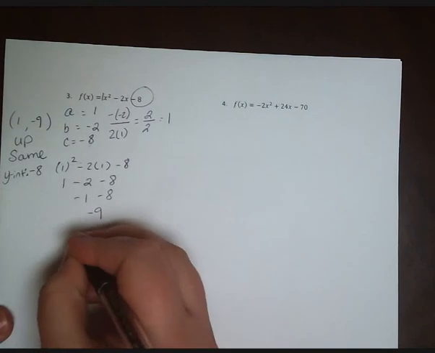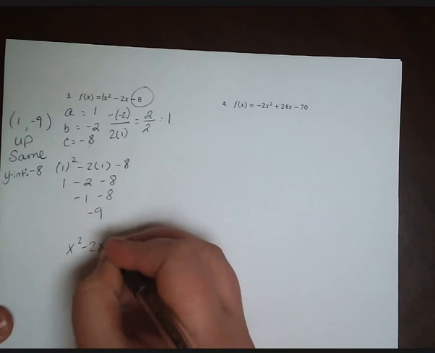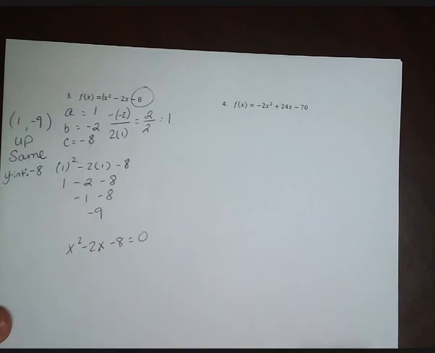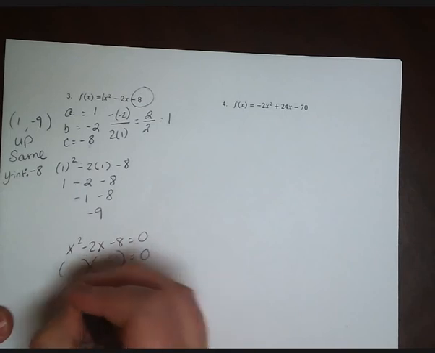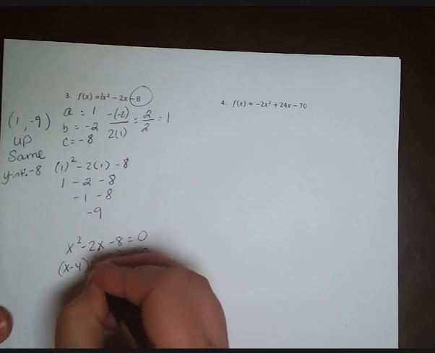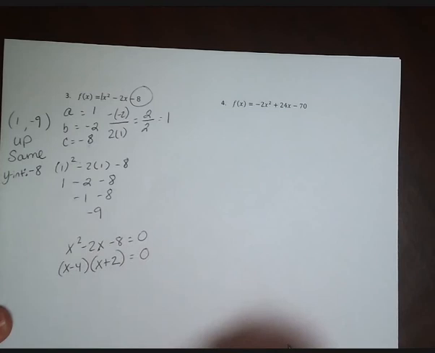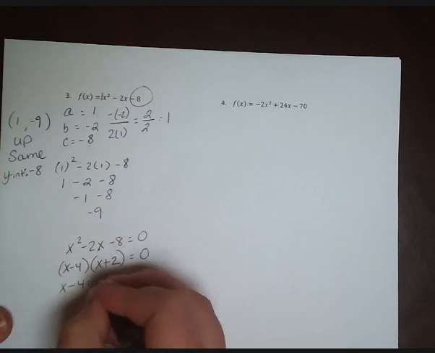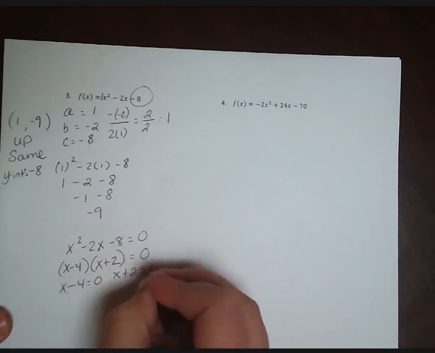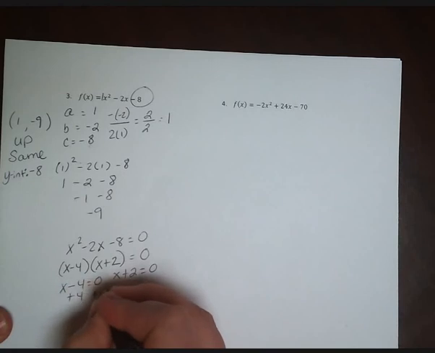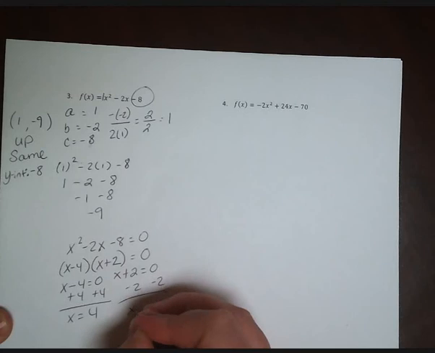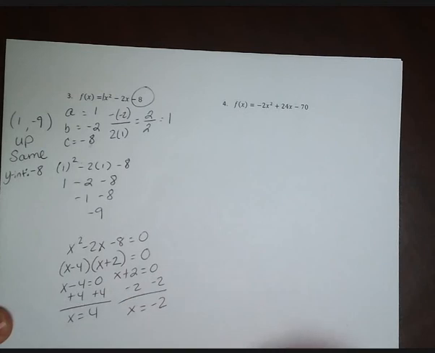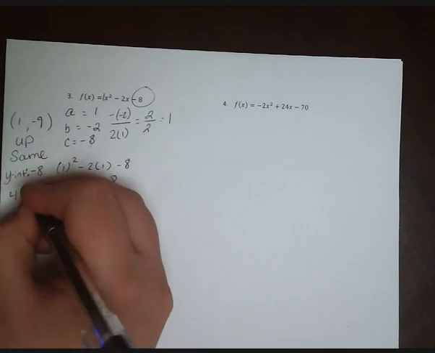So x squared minus 2x minus 8 equals 0. You're going to factor that to get x minus 4, x plus 2, and then set them both equal to 0. So for your x-intercepts, you should get a positive 4 and a negative 2.